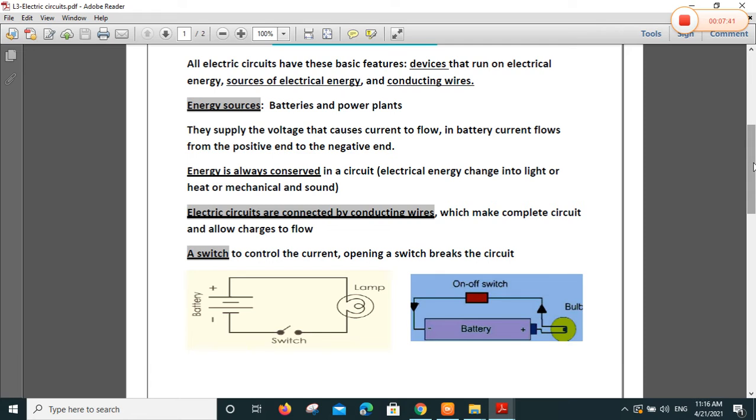Switch off, the current cannot flow because the circuit is opened. When you switch off, the circuit is opened. When you switch on, the circuit is closed. So the switch controls the current. Opening the switch breaks the circuit. But to allow electrical charge to flow, you have to close the circuit and make an unbroken circuit.